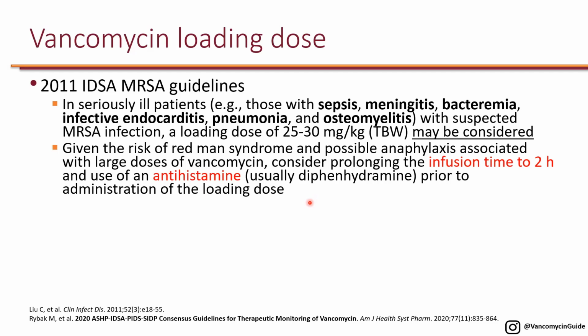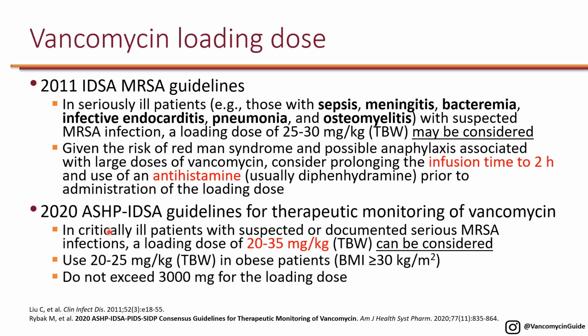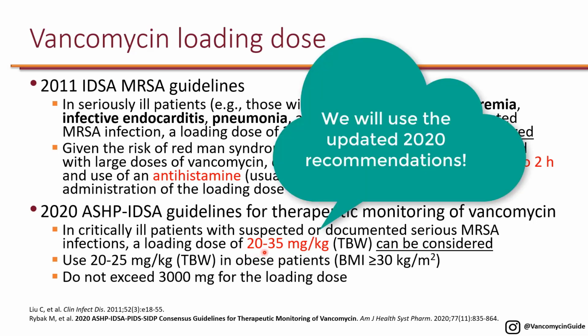Now, the new 2020 ASHP IDSA guidelines for therapeutic monitoring of vancomycin said that in critically ill patients with suspected or documented serious MRSA infection, basically the same types of infection that were listed above, they give a wider range of dosing, 20 to 35 milligram per kilo of total body weight.